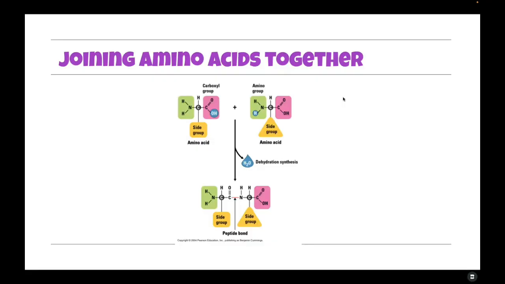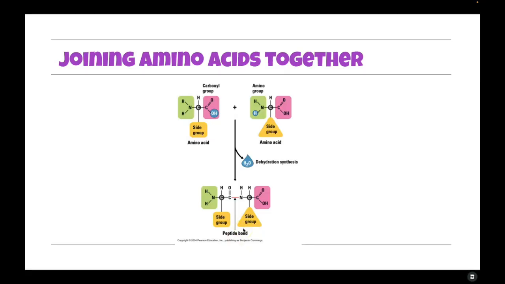The way that you make proteins is by joining amino acids together. Notice how here water is leaving as a byproduct, so it's dehydration, and you're combining two things, so it's dehydration synthesis. The bond between these two groups right here is called a peptide bond.